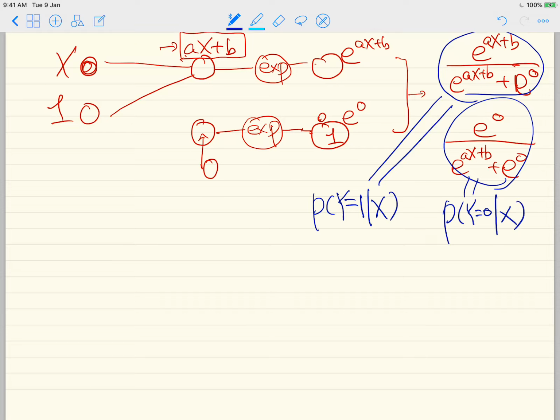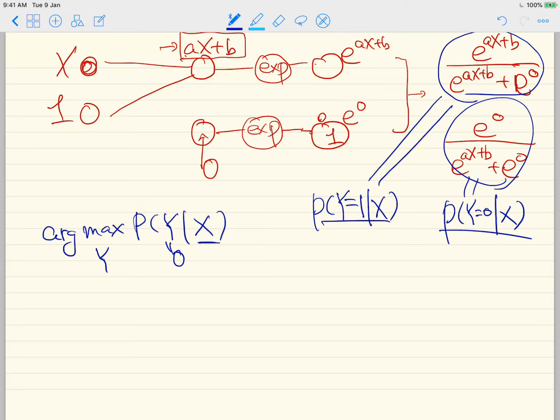So in this case, once obtaining these two, we can still just apply the Bayes rule. Because we have only two classes, we consider the probability of y being equal to 0 given a particular x value.